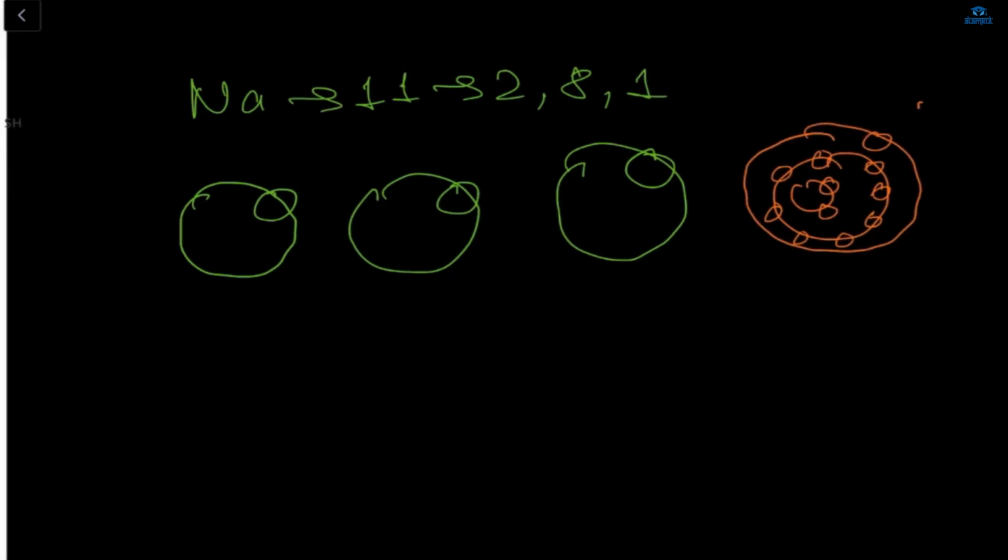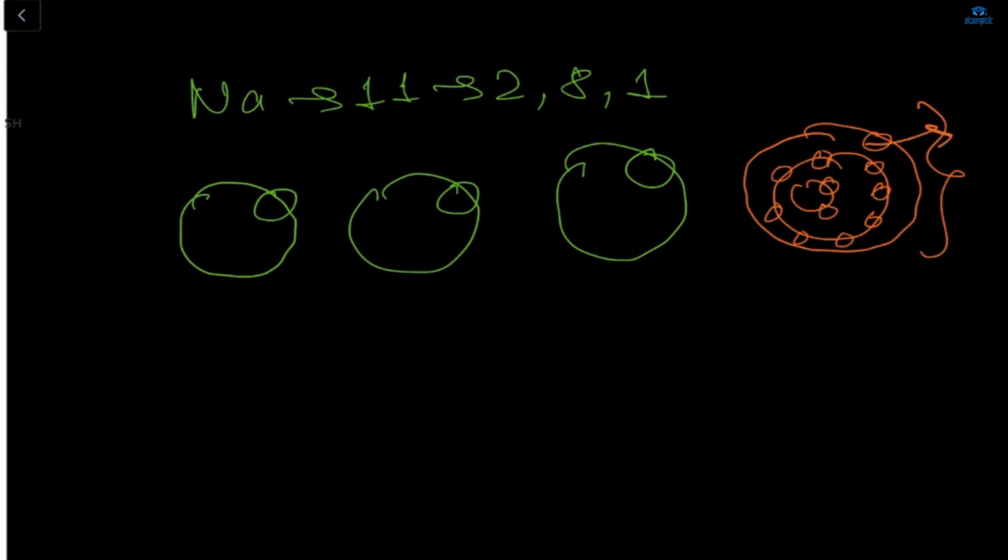So what is the stability of this particular thing? Will it gain, lose, or share? It's easy, it will lose one. Advika, what will this sodium do to become stable? What is the meaning of stability? That in the outermost shell there should be an octet. So it will lose one electron, right?